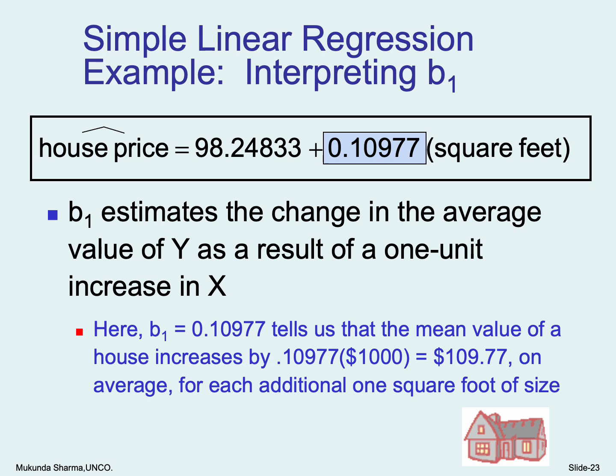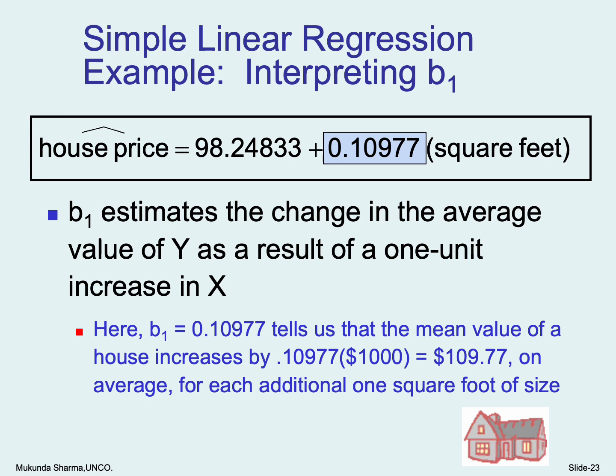Here B1 equals 0.10977, which tells us that the mean value of a house increases by 0.10977 thousand dollars.